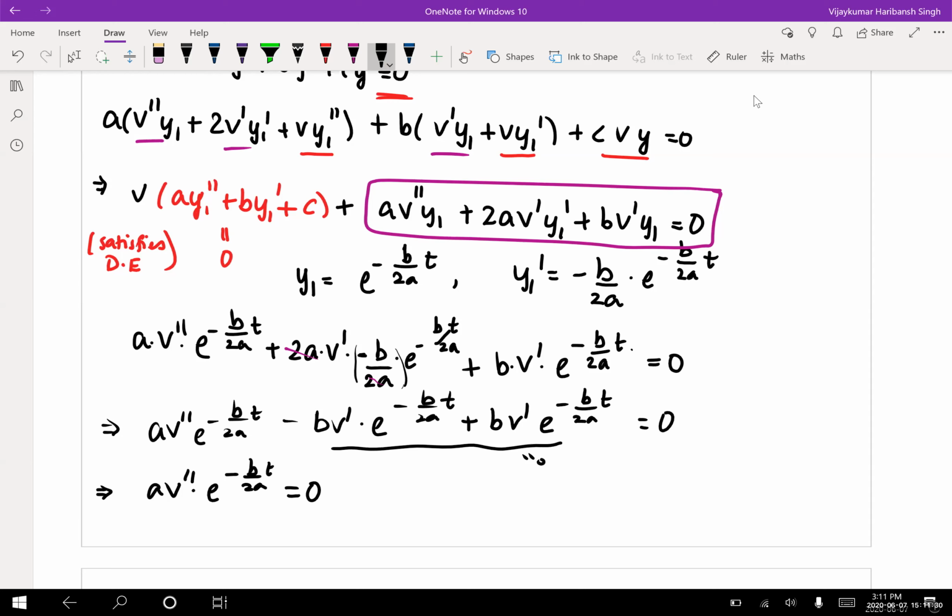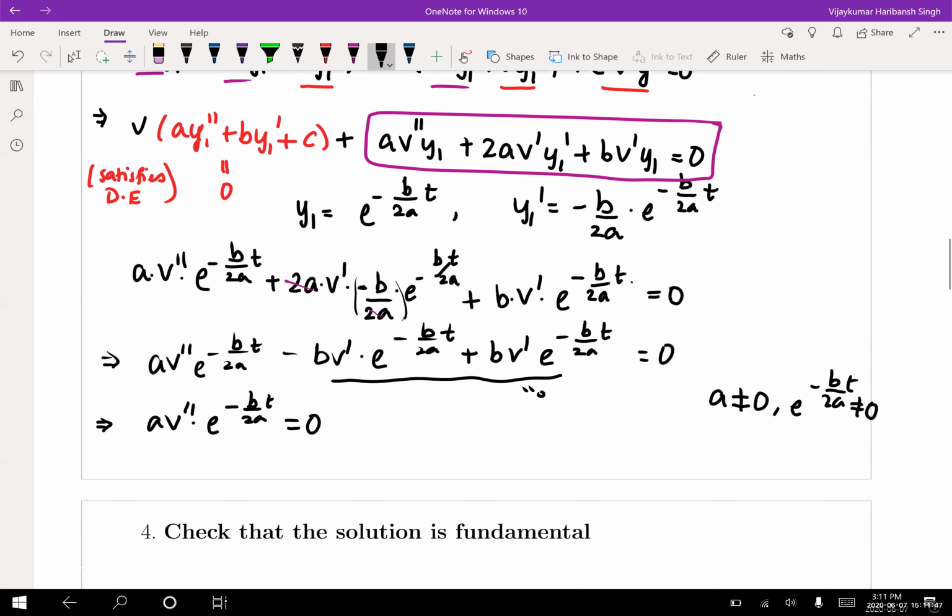Now a is not 0, otherwise this is not a second order differential equation. Also, e to the power minus b by 2a t is not 0. Why? It's an exponential, e to the power x is never 0. So this would imply v double prime of t equals 0.